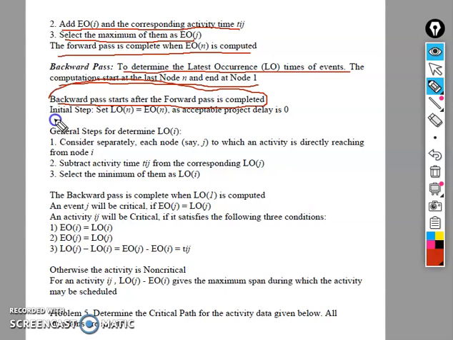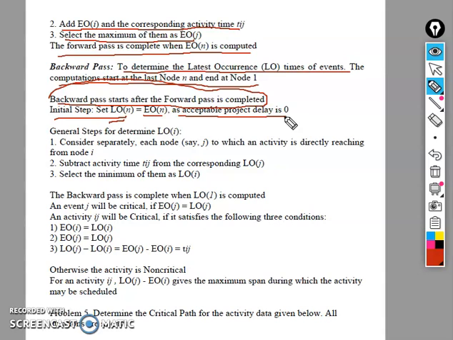Initial step: the latest occurrence LO of node n equals the earliest occurrence of n, because if you do not calculate the earliest occurrence, you cannot calculate the latest occurrence of n. As acceptable, the project delay is 0.